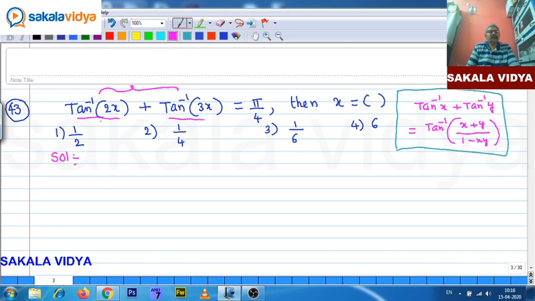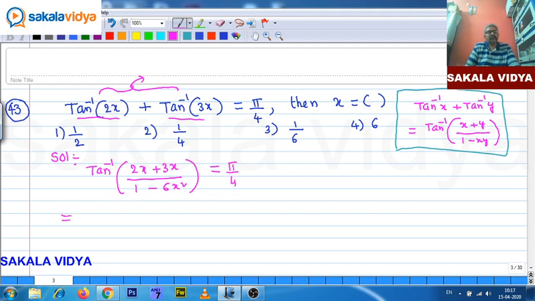Now the solution follows. This can be written as tan inverse of 2x plus 3x upon 1 minus 2x into 3x, which is 6x square, equals pi by 4.